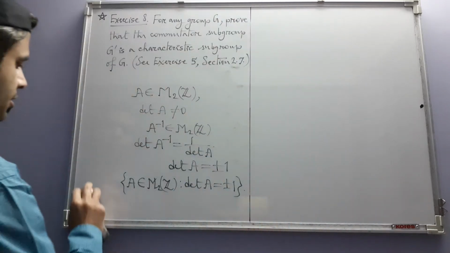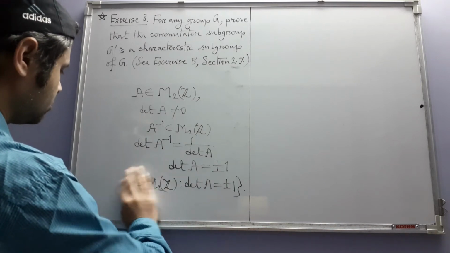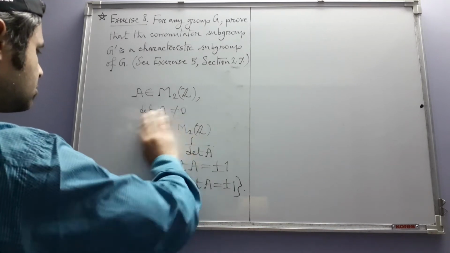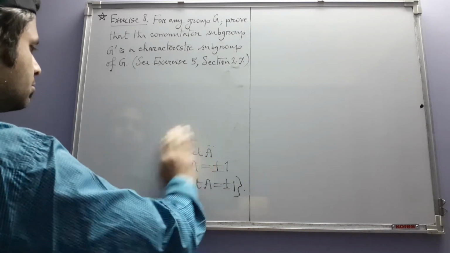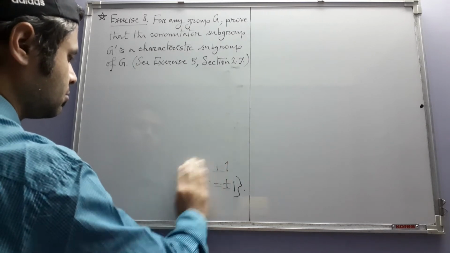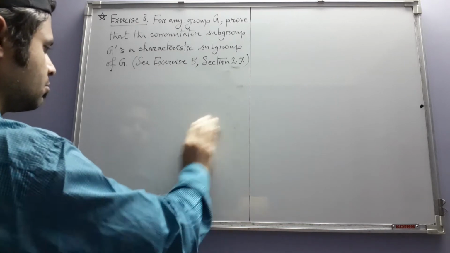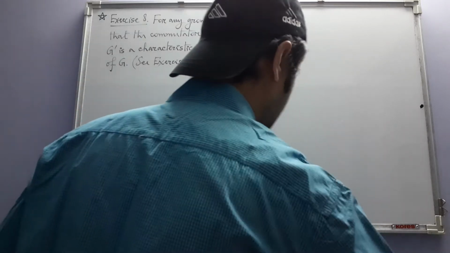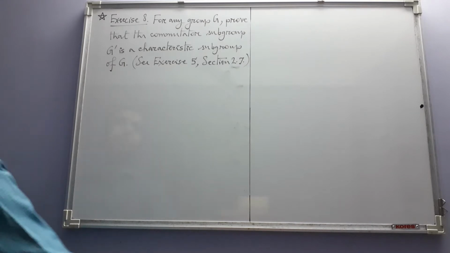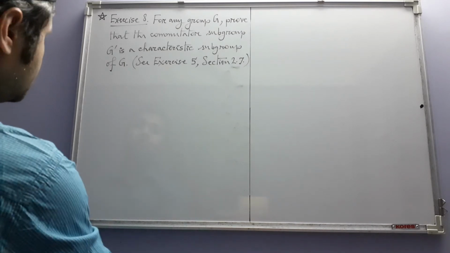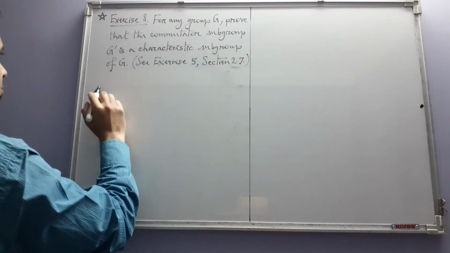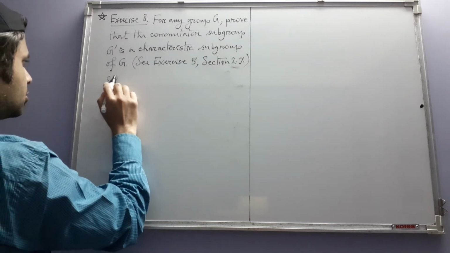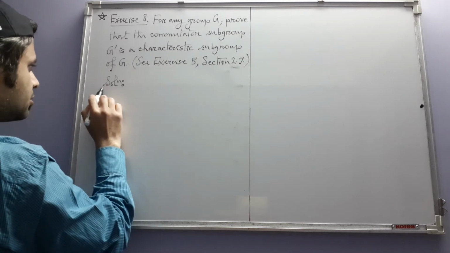Okay, let us now start our group theory exercises. For any group G, prove that the commutator subgroup is a characteristic subgroup of G. Recall the definition of a characteristic subgroup.